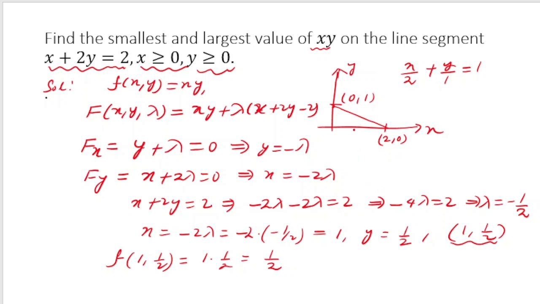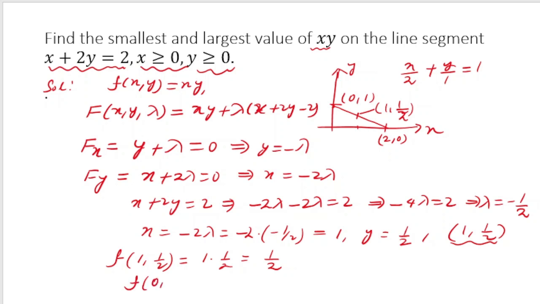But there are 2 points at which we also have to check the function value, because these two are the boundary points. If you have understood the concept of absolute maxima or minima, you might have realized that we can check the function value at the boundary points.